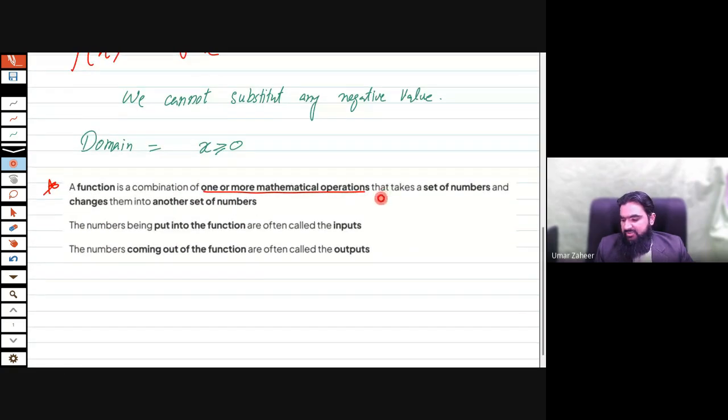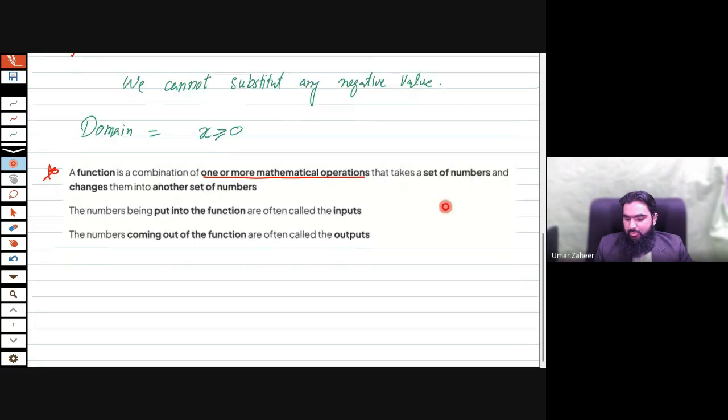One or more operations that take a set of numbers and change it into another set of numbers. It takes some number as input, processes it, and gives you another set as output. The numbers that you give as input are, in mathematical terms, the domain, and what comes out of the function is the output, known as the range of the function.